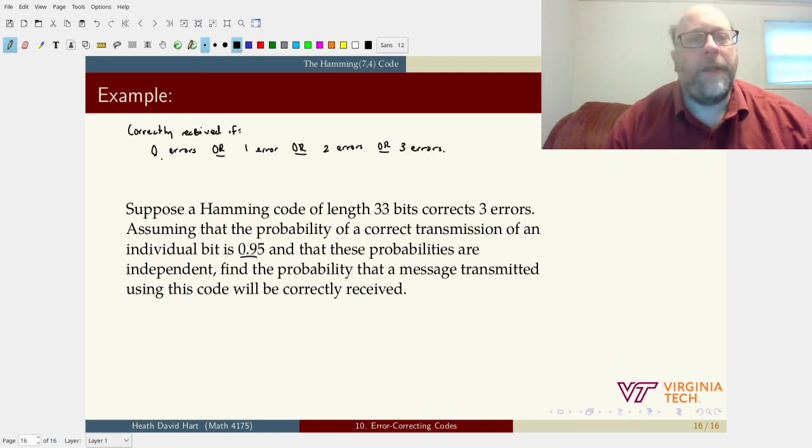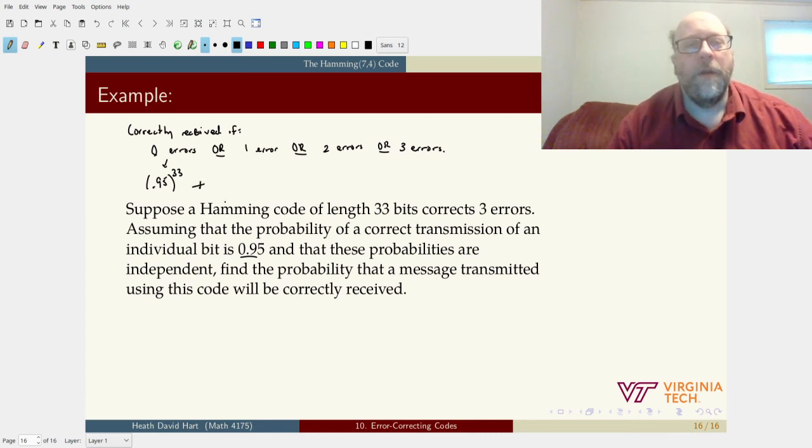The possibility of 0 errors would be that there's a 95% chance of no error in an individual bit, but we have to hit that 95% chance all 33 times. The possibility of having no errors is 0.95 raised to the 33. They're independent, so we can multiply them together, and we have to multiply them 33 times for each bit.